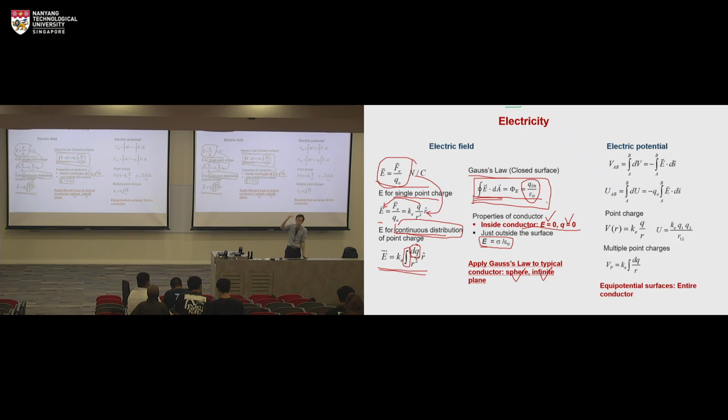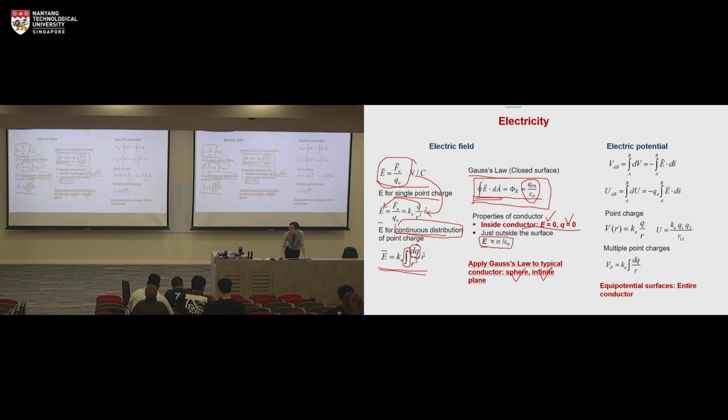You need to show all the steps when I specifically ask you to use Gauss's law to determine E. If you just give me the final result, of course, you will get some marks, but it's not going to be full marks. You have to show me the detailed steps. So this is about the Gauss's law.